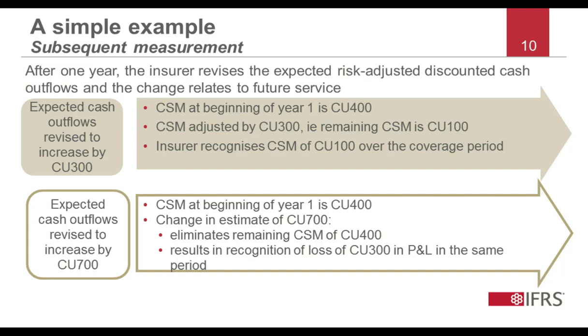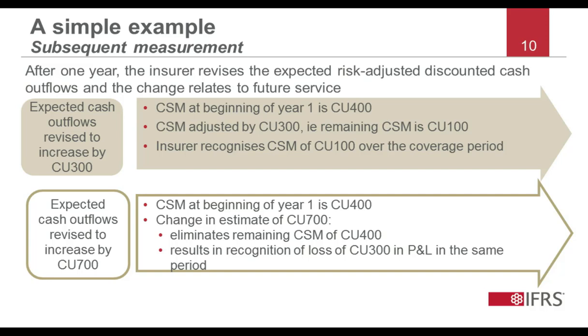Moving to the second example, as explained before, this example illustrates what occurs when changes in future service reduce the CSM to zero. As you can see on the slide, the CSM at the beginning of the first year is 400. At the end of the year, expected cash outflows are expected to increase by 700.